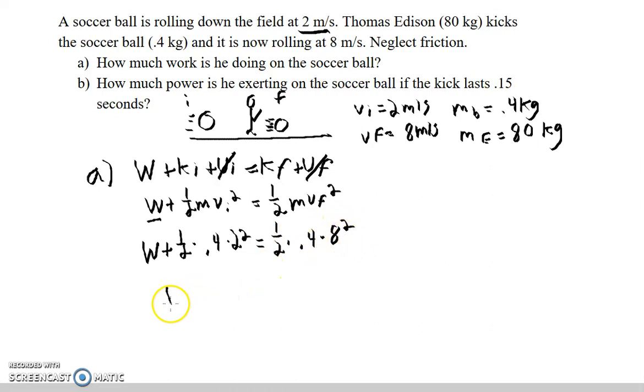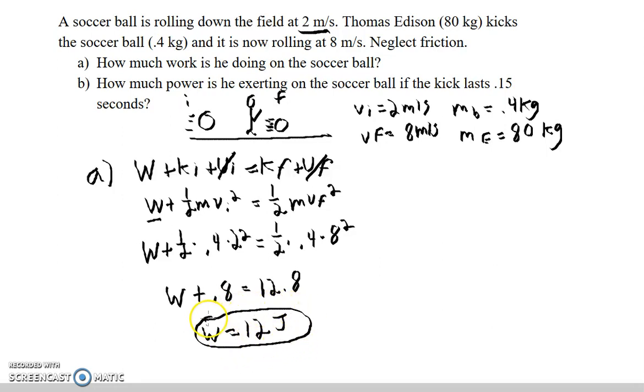If you do that, the work plus 0.8 is equal to 12.8. So we're going to get work is 12 joules. So it's basically saying when Thomas Edison kicks that ball, he's adding kinetic energy to it, actually 12 joules of kinetic energy to that ball.